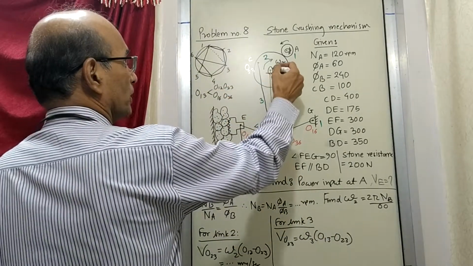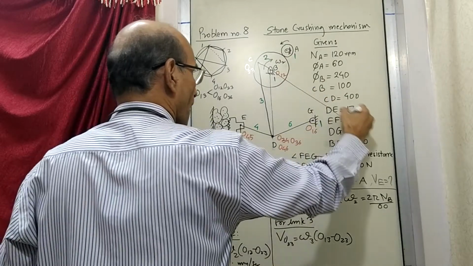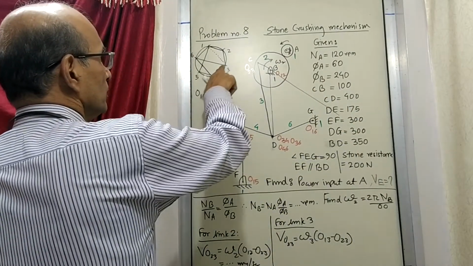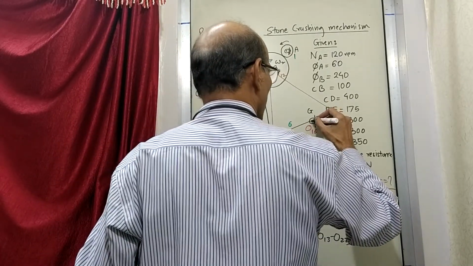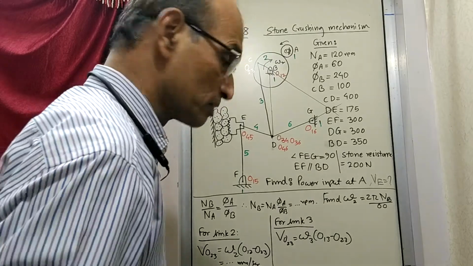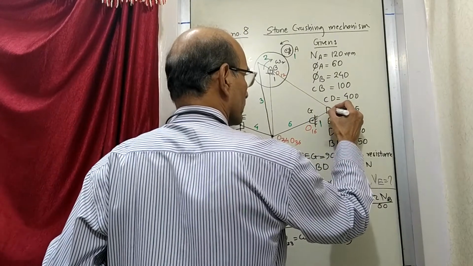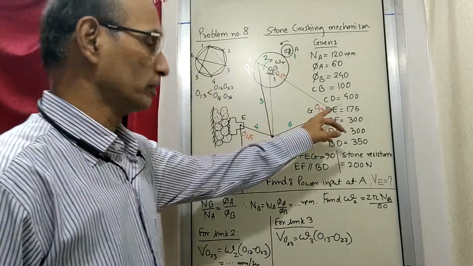So 1, 2 and 2, 3. 1, 2 here, 2, 3 here, so this line. And then 1, 6 and 3, 6. 1, 6 here, 3, 6 here, so this line. So this is the required point, that is here. This point is O13. So we have got point O13 now.